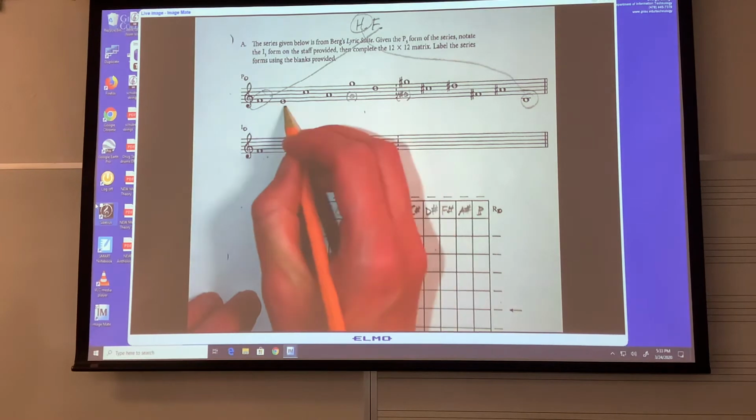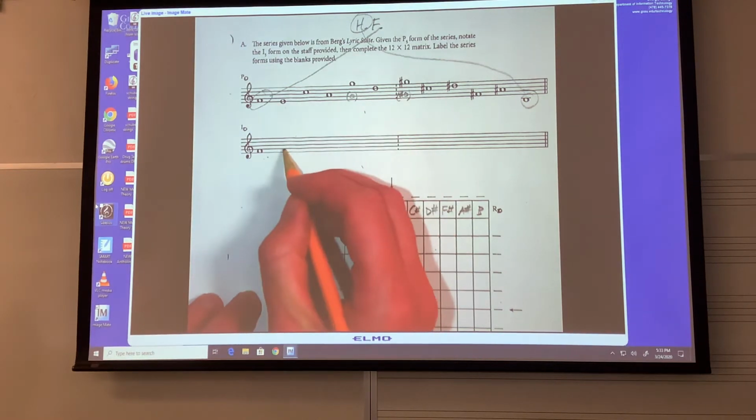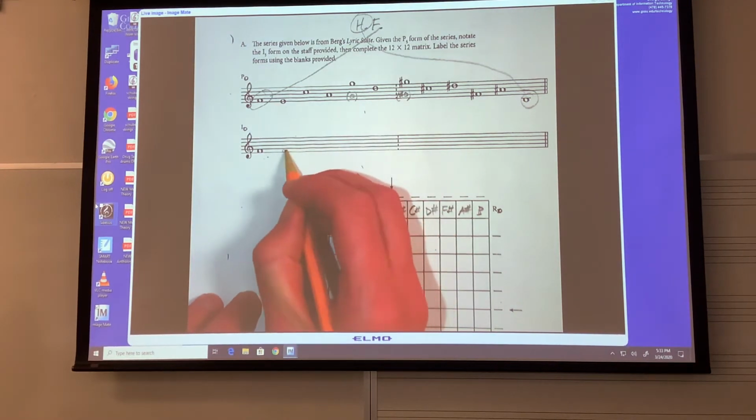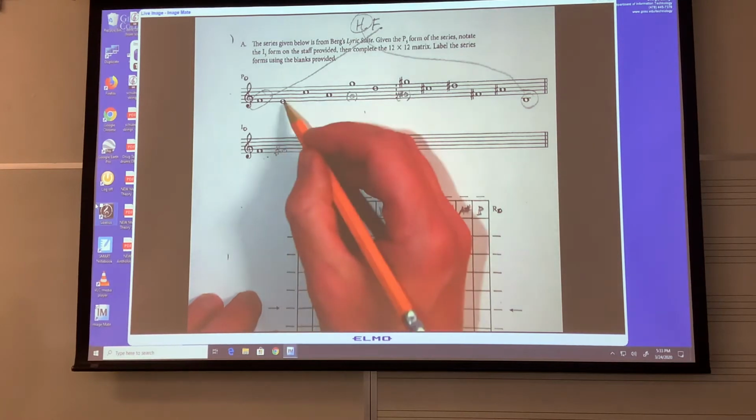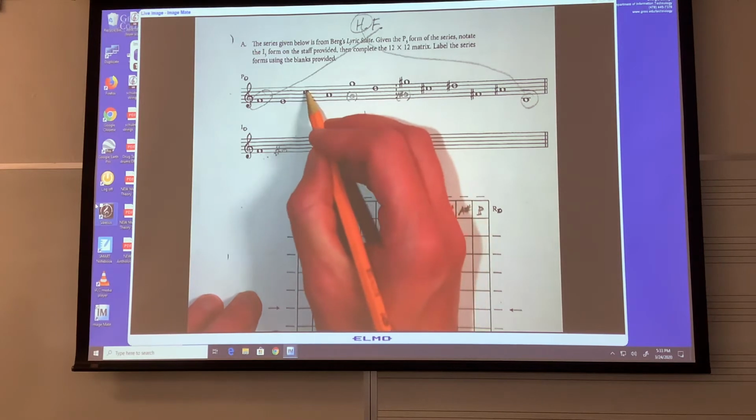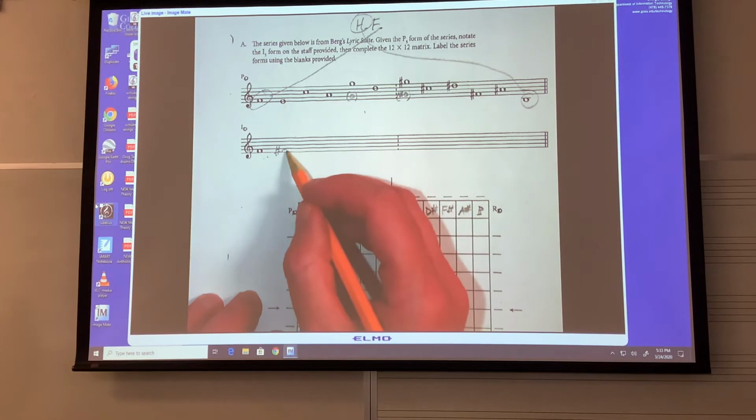Down a half step, so this goes up a half step. This one goes up a minor sixth, so this one would need to go down a minor sixth.